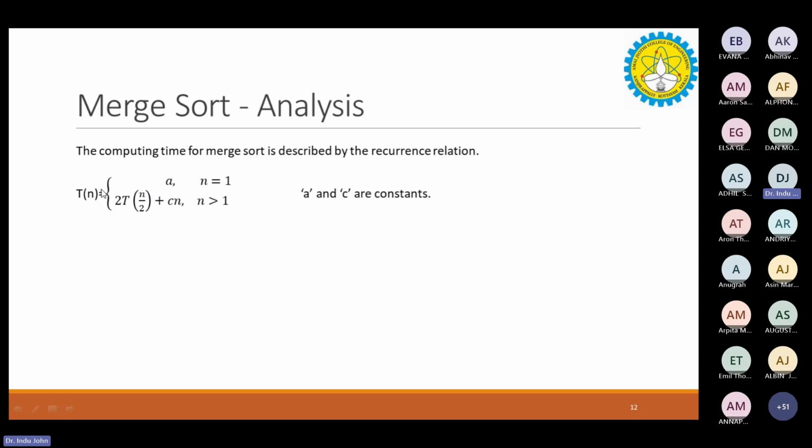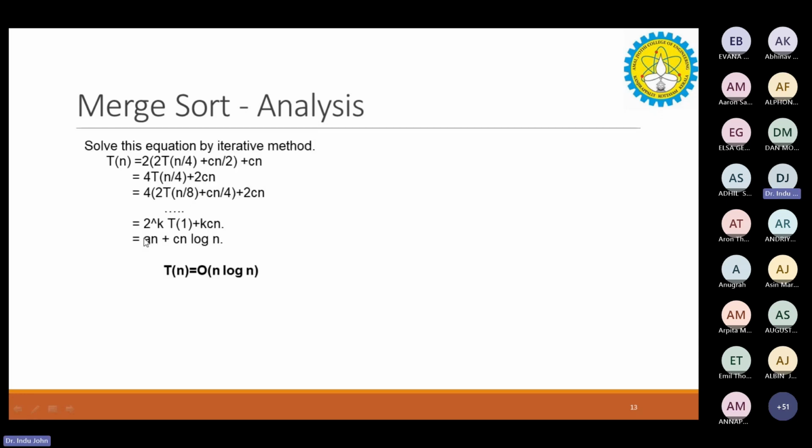It is given that when n equal to 1, the value of T of n is A. So T of 1 is equal to A. Basically, 2 raised to k is nothing but n, so n into A, since T of 1 is A. And then you have Cn multiplied by k, but k is log n to the base 2. So that is how you get T of n equal to big O of n log n.